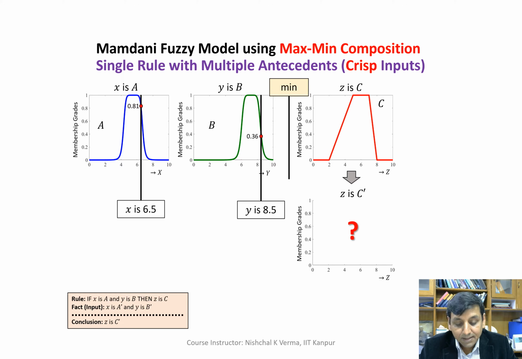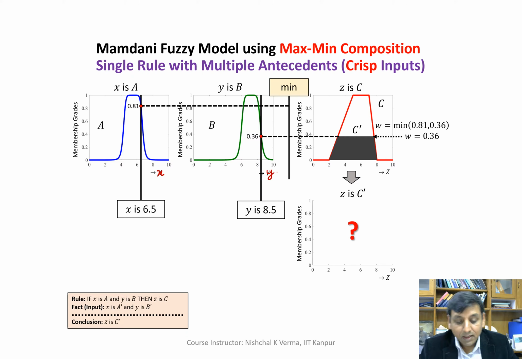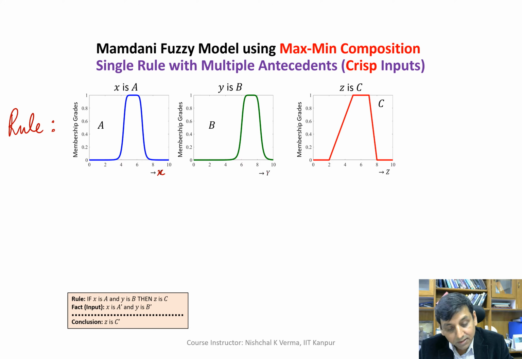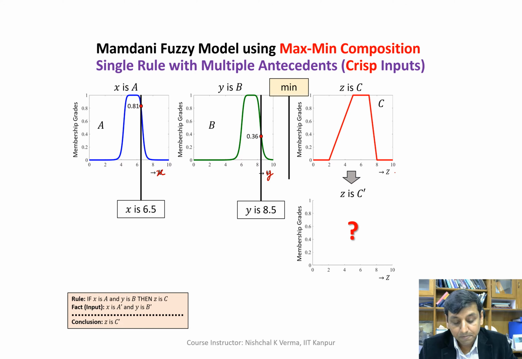Rather, we are always going to get a single intersection value. You see here, for x is equal to 6.5 and y is equal to 8.5, small x, small y, small z, we get the point of intersection as W1 and the point of intersection as W2.